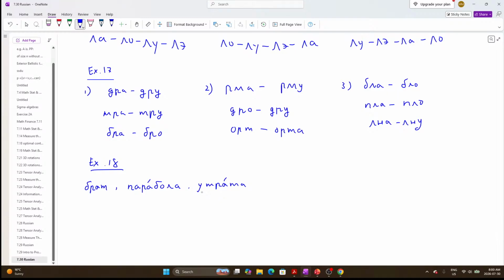Okay, I guess it's like, in statistics you talk about the loss function, like mean square error. Is that an example of utrata? Okay, next word, ravno, equal.